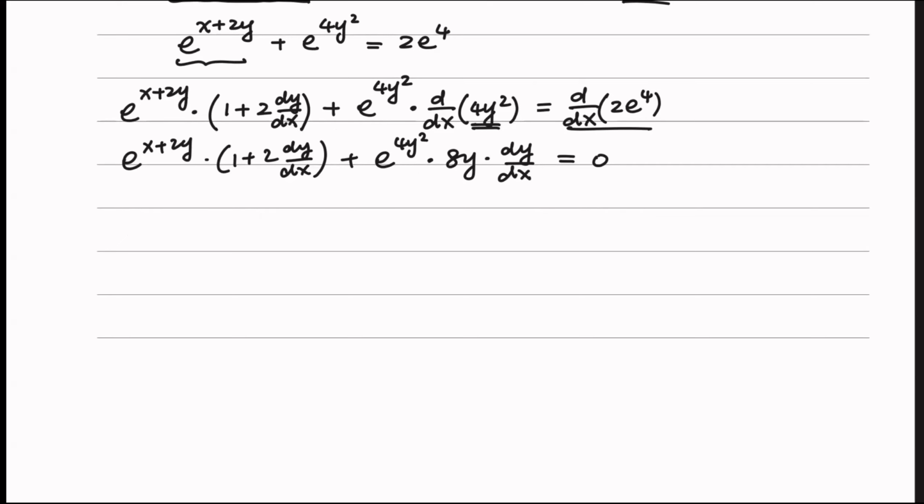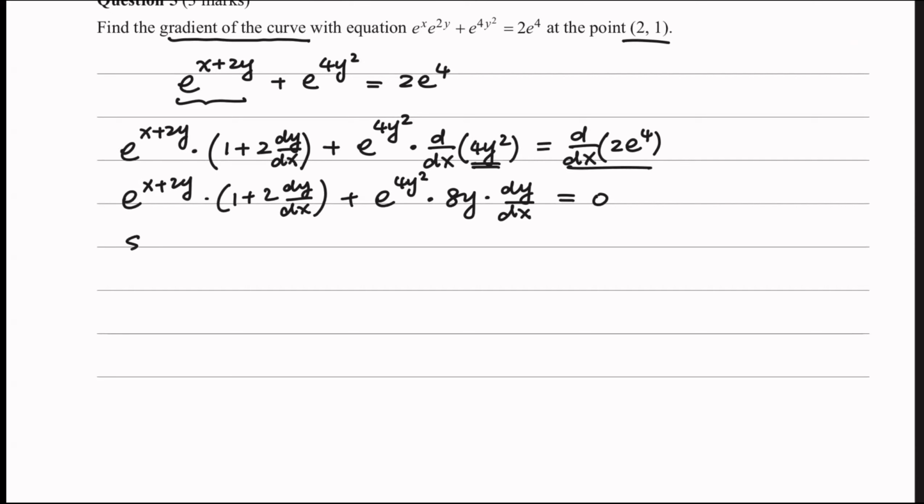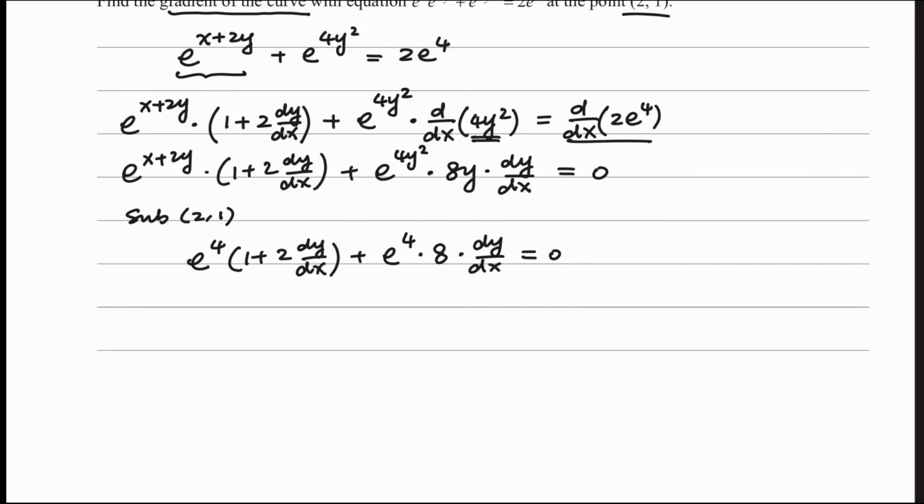Without any further manipulations, I will be subbing in (2, 1). So you get e to the power 1 plus 2 times 1, that's a 4, times 1 plus 2 dy/dx, plus e to the power 4 times 8 times dy/dx, equals 0.